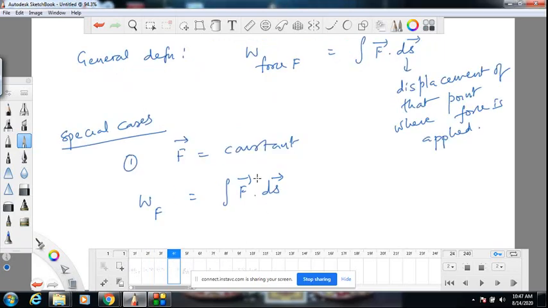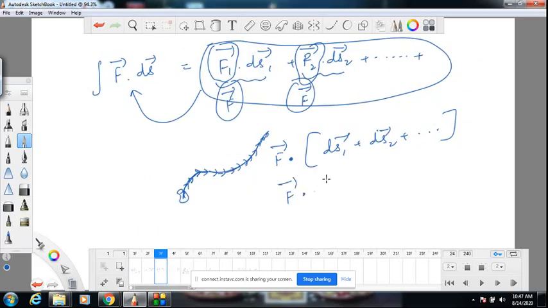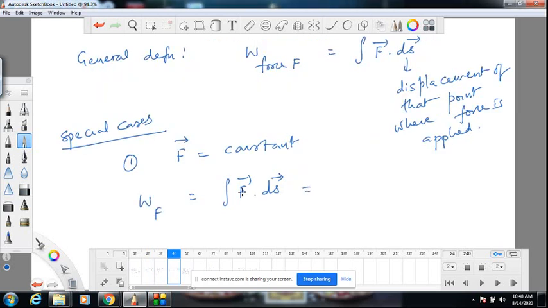So indirectly what I am saying, this can be written as F dot integral ds, because you are adding all displacements. F is a constant, so you can take F along with the dot product outside and write integral ds. Because the force is constant, it is not changing in magnitude nor in direction. The proof of how you are writing from this step to this step is there on the previous page.